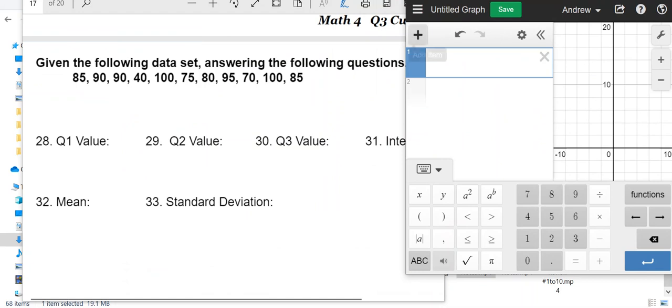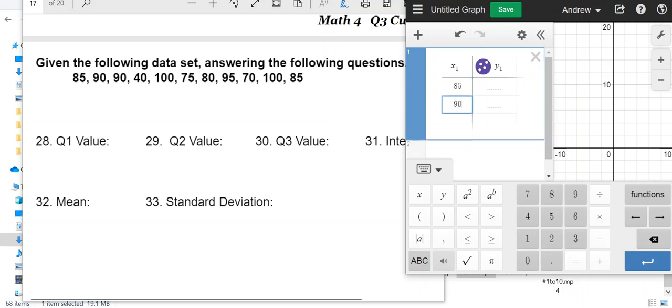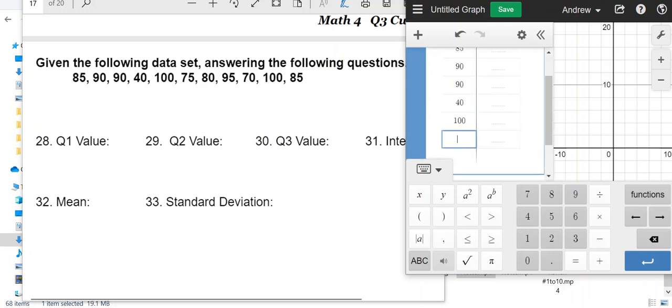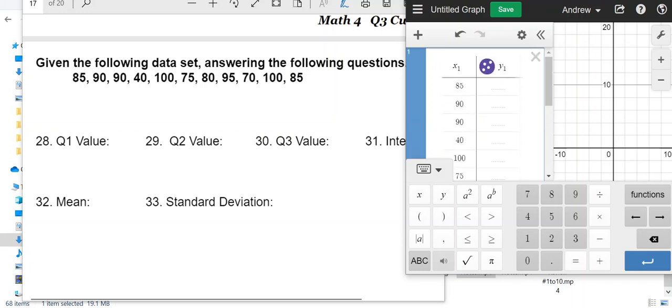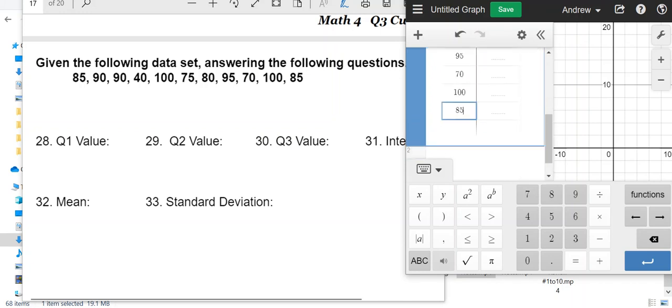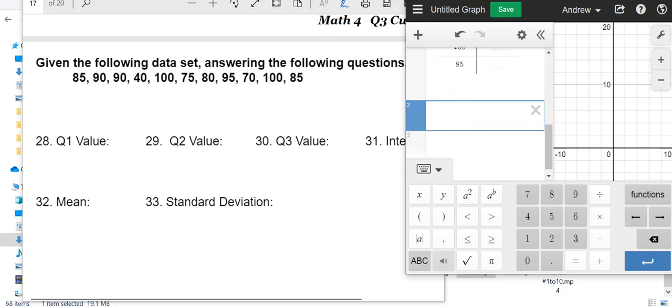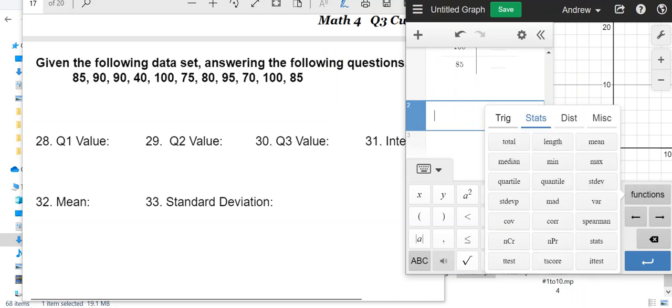If we type in a table of these numbers, and we say 85 and 90 and 90 and 40 and 100 and 75 and 80 and 95 and 70 and 185. All right, let me make sure I type those correctly. That looks good, and all right, we're good. Now, that is going to be table X sub 1.